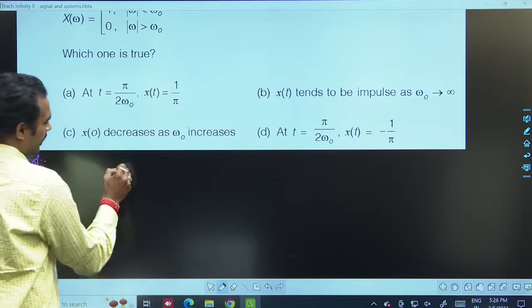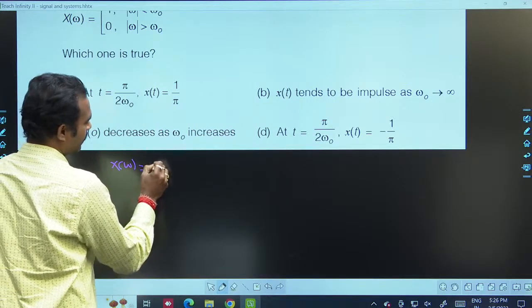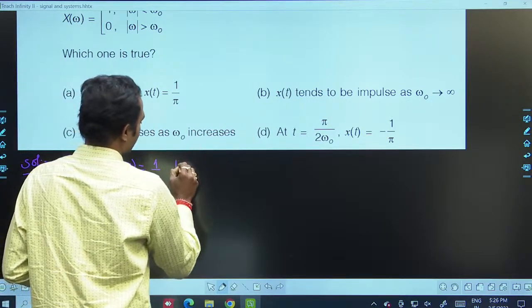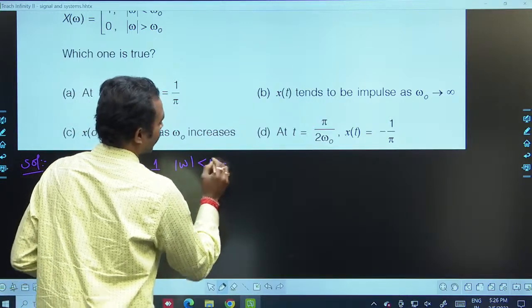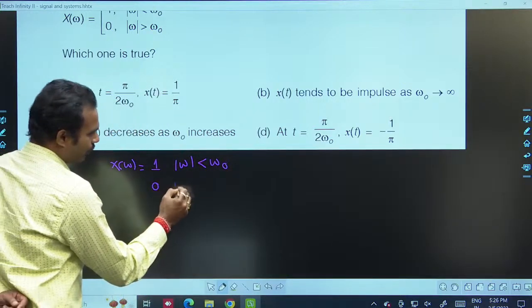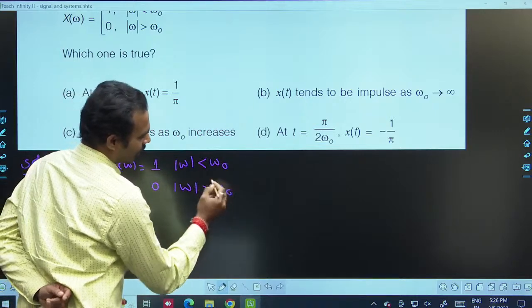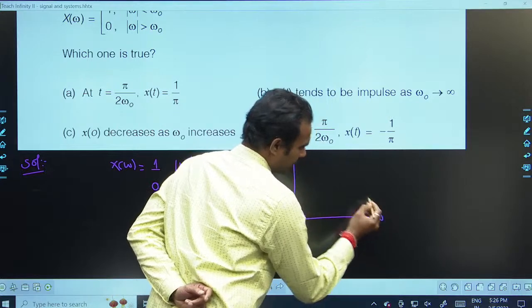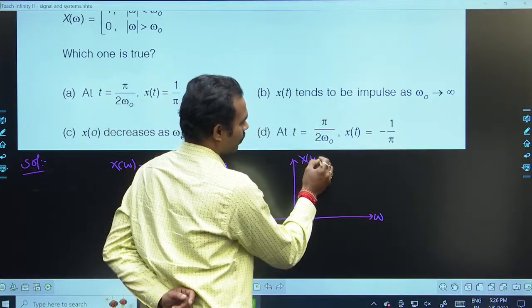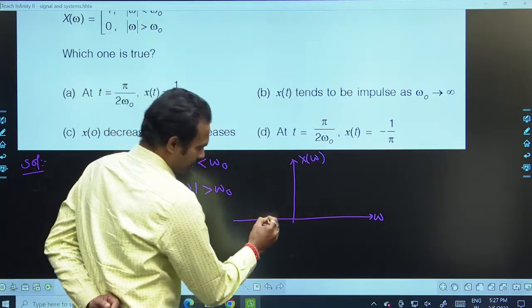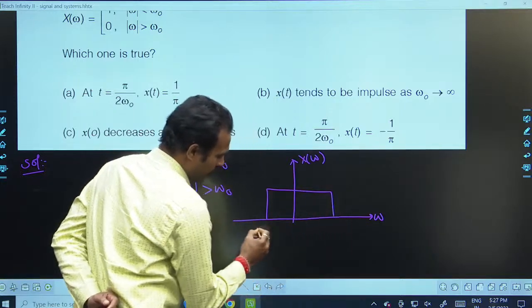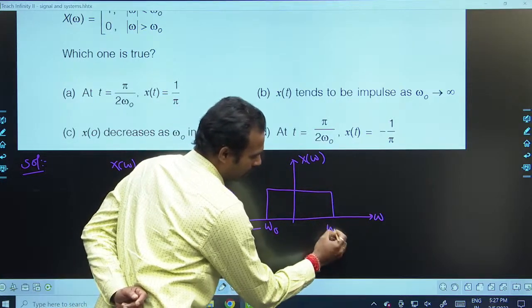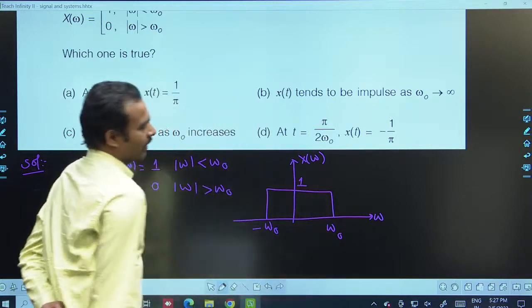the solution: x of omega is 1 for mod omega less than omega naught, and it is 0 for mod omega greater than omega naught. So I am just drawing the sketch for this one, showing omega on the axis and x of omega. If you see that from minus omega naught to omega naught, the amplitude value is equal to 1.